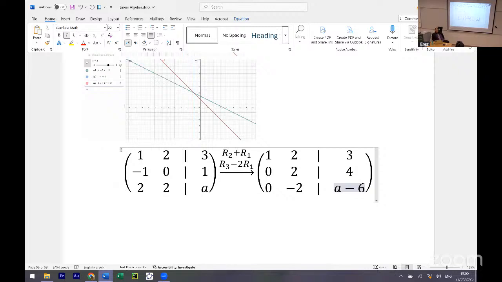What would be the next step? Dividing the second row by 2. No, that's on the next step. Dividing is when you go to the reduced one. Or you need to cancel out, but here it is so easy to cancel. This is minus 2, this is 2. The next step is to cancel out this minus 2 to get to the echelon form.